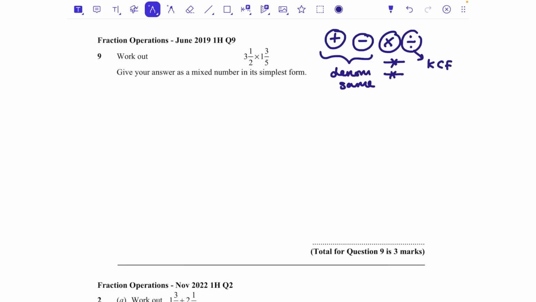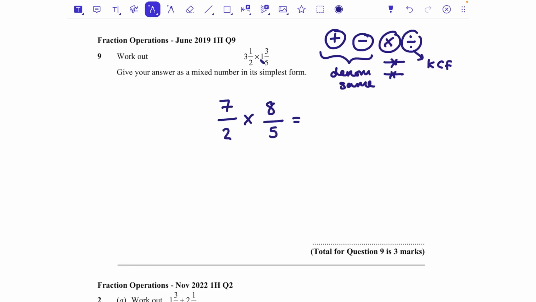So here we've got multiplying, and we're going to make both of these mixed numbers top heavy to begin with. So to go from a mixed number to a top heavy, you want to do big times bottom, add on the top. So 3 times 2 is 6, add the 1 is 7 over 2. And again here, 1 times 5 is 5, add the 3 is 8 over 5. And we're multiplying these together.